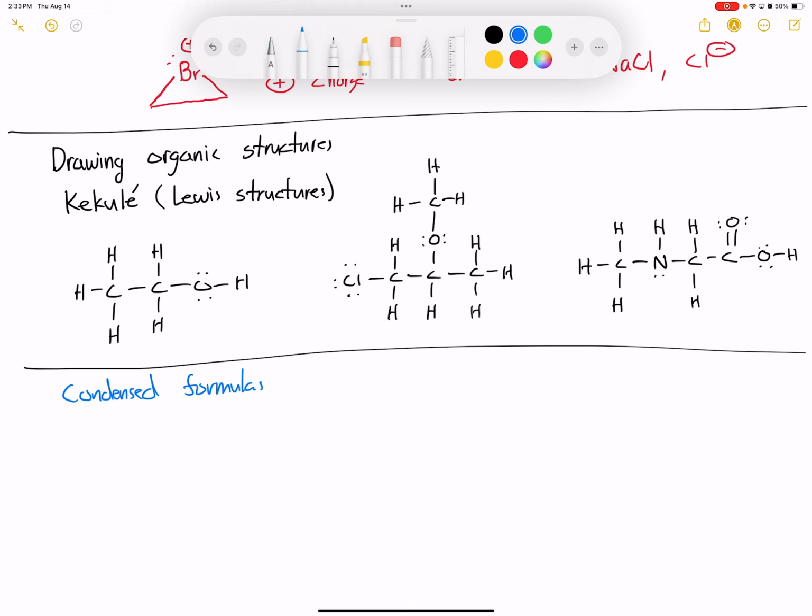So condensed formulas are like the molecular formulas you probably heard about, except you don't condense everything into the individual elements like C5H10O2 or something. You actually condense it based on how the structure is written. So I would say this is the way to represent structure as elemental symbols.